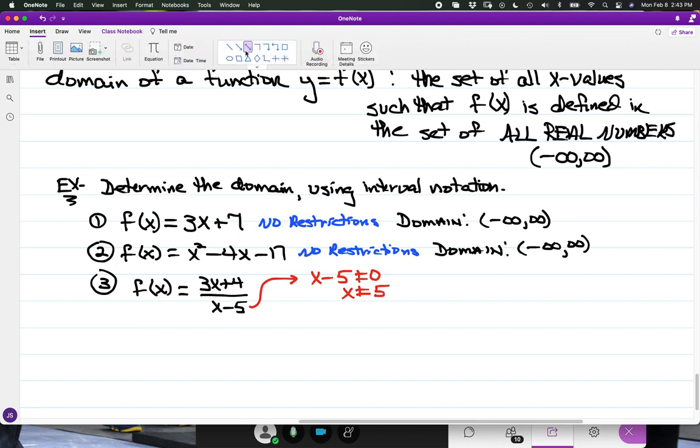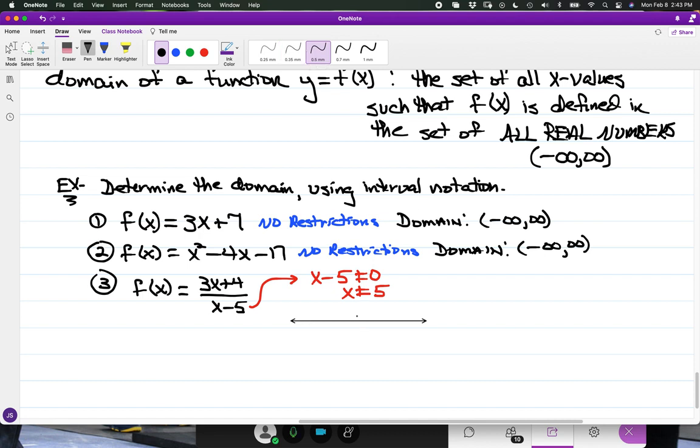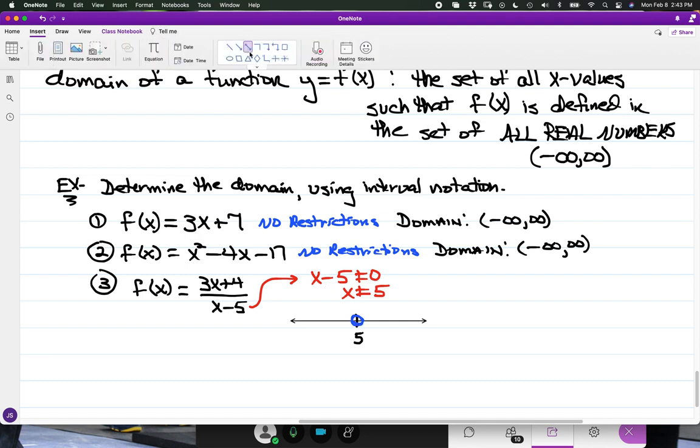And just to give you a visual, it's a little bit tedious, but it's like some of the stuff we dealt with in the absolute value inequalities. Again, the centerpiece is 5, and 5 is going to be left out. So you have a hole at 5, but the solution will be everything else.